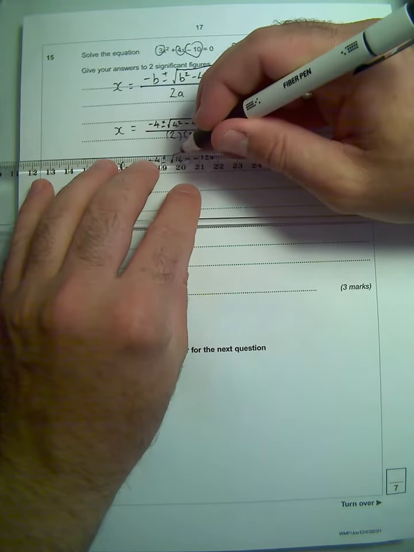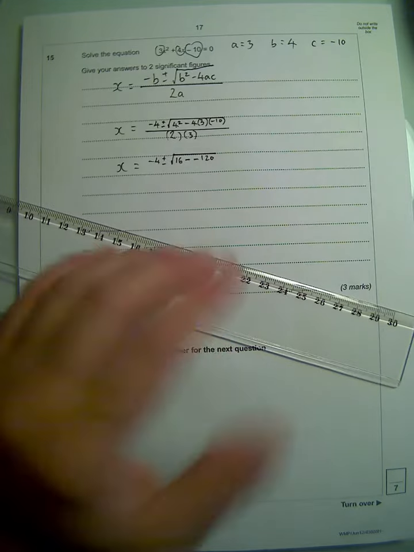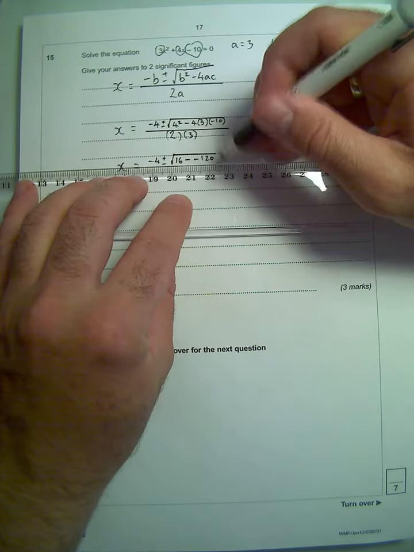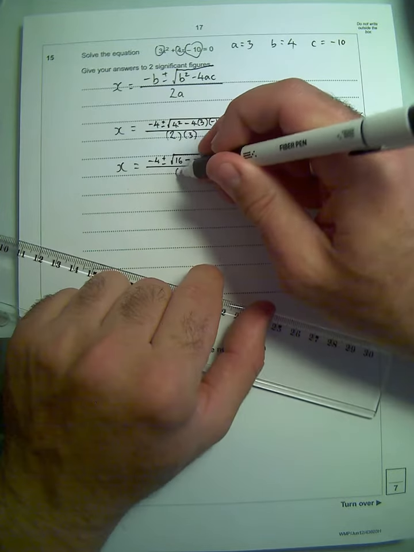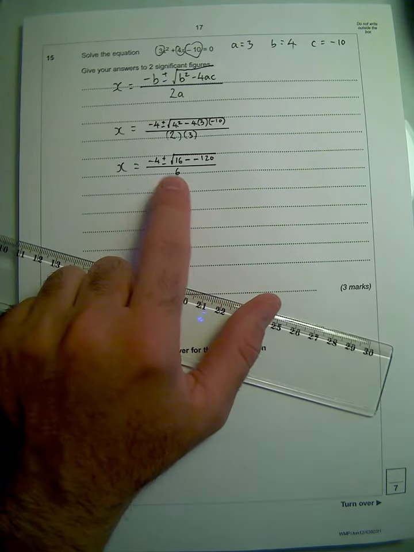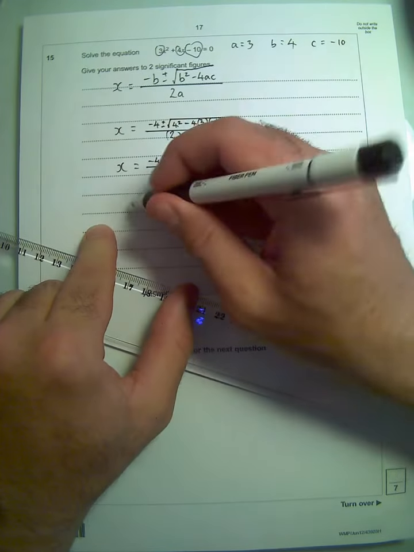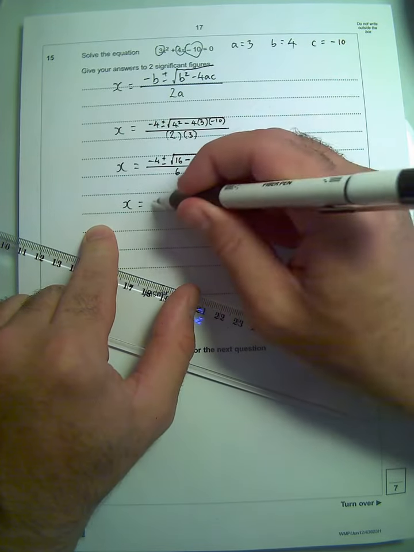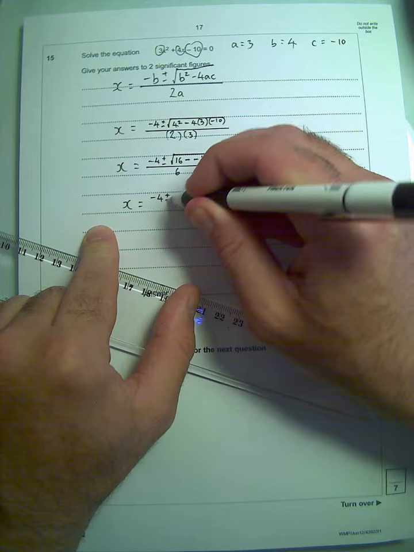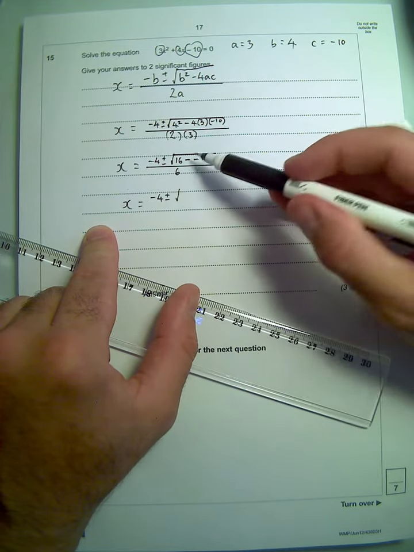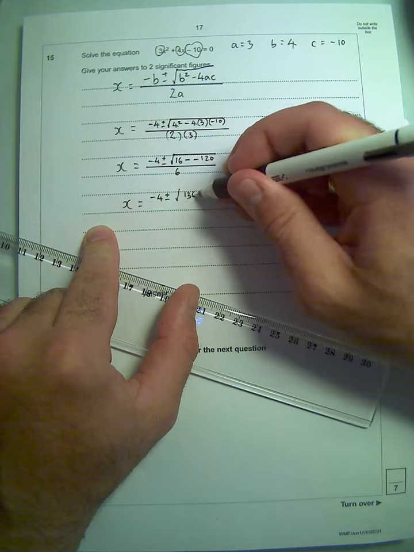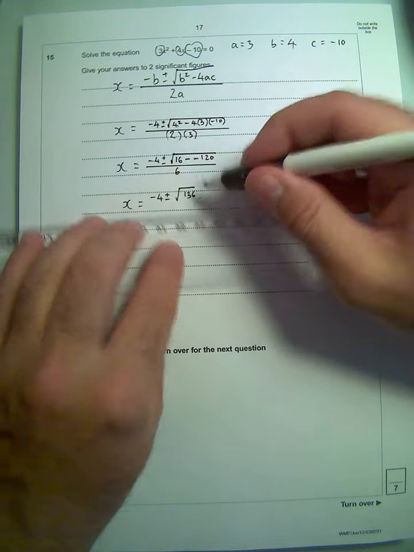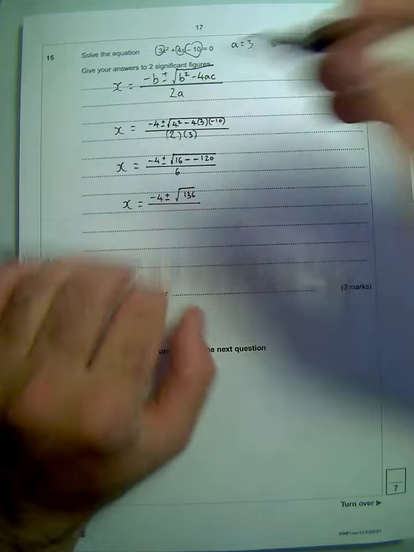People often make mistakes and lose a minus somewhere and get the wrong answer because they haven't kept track of all the minuses. And then on the bottom I've got 2 times 3 is 6. Okay, so I've got x equals minus 4 plus or minus the square root of 16 minus 120 makes plus, so the square root of 136, and that's all divided by 6.